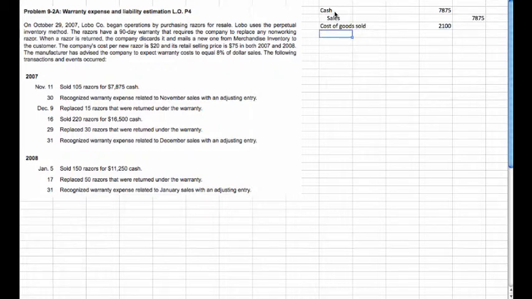We have to do a credit. Since we sold the product, we no longer have that inventory available to us, so we have to reduce the asset merchandise inventory by the same $2,100 amount.